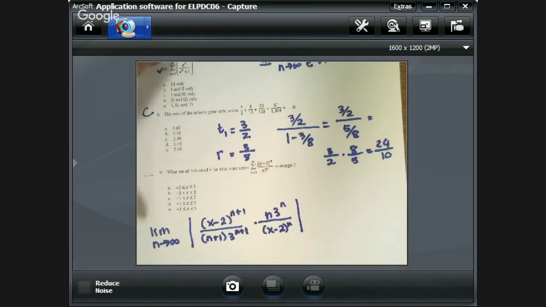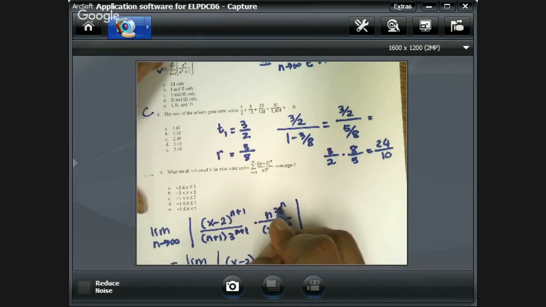Now, taking this limit, this is the limit as n approaches infinity of x minus 2 times 1/3, because I have 3 to the n over 3 to the n plus 1, times n over n plus 1.